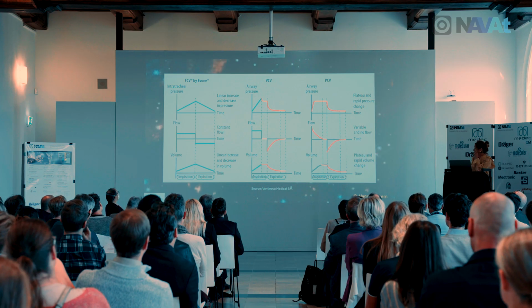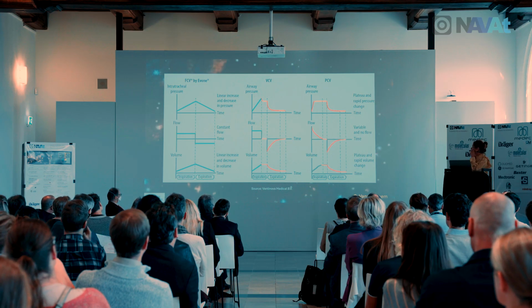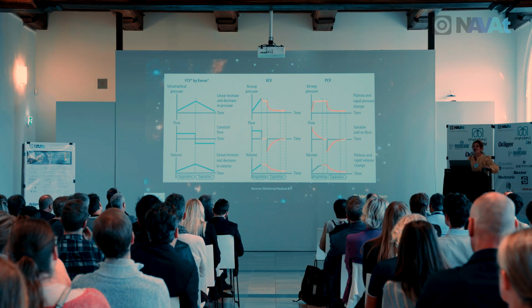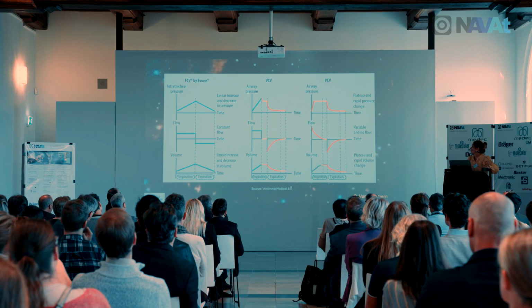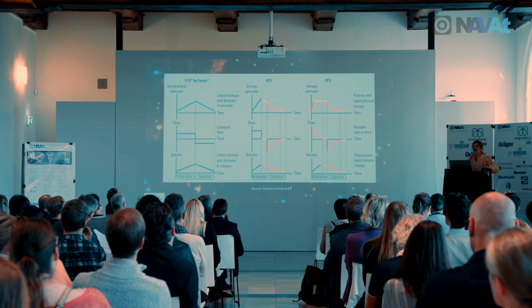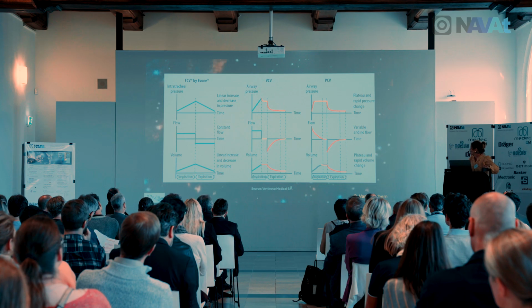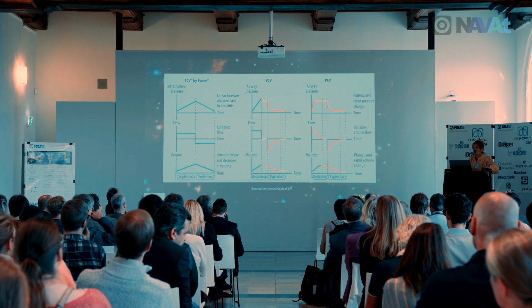Now, what exactly is the difference between flow-controlled and the more traditional ways of ventilation? When you look to the right side, pressure-controlled ventilation is related to a very rapid increase in airway pressure, together with high decelerating flow patterns during both inspiration and expiration.